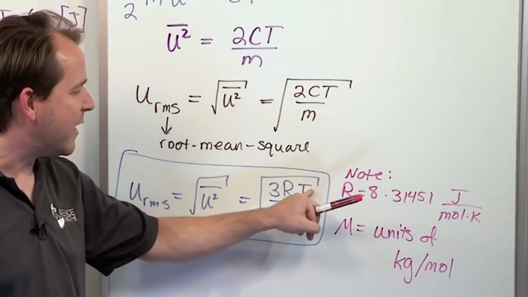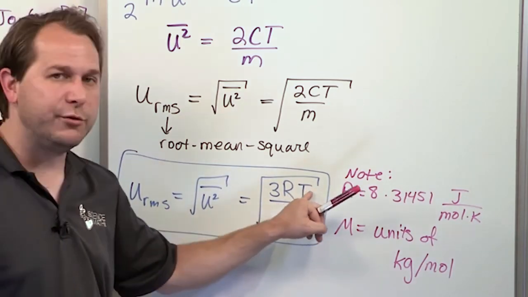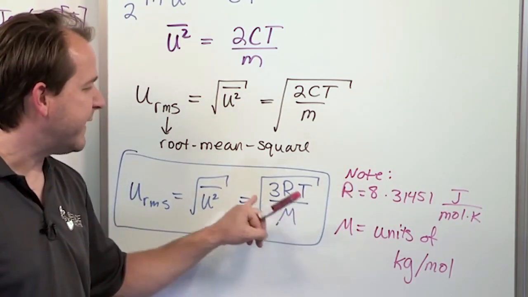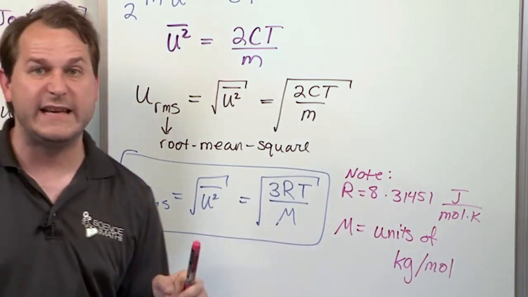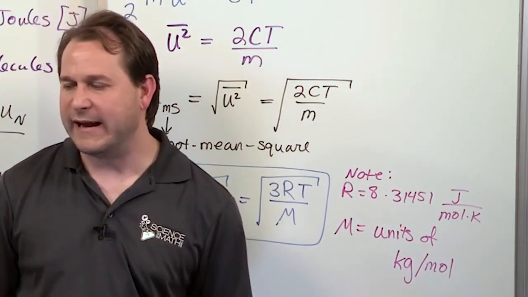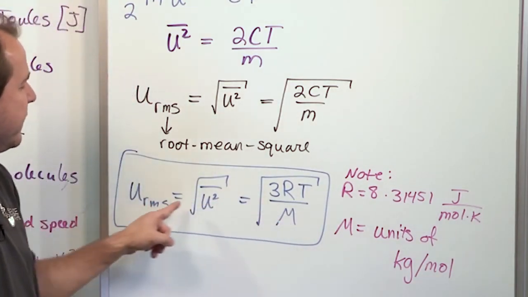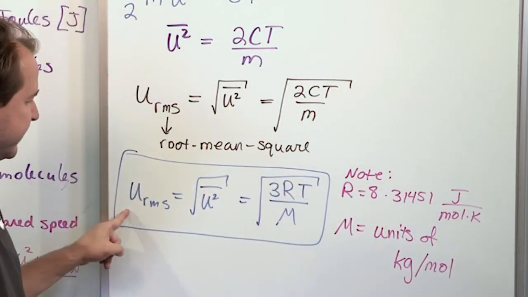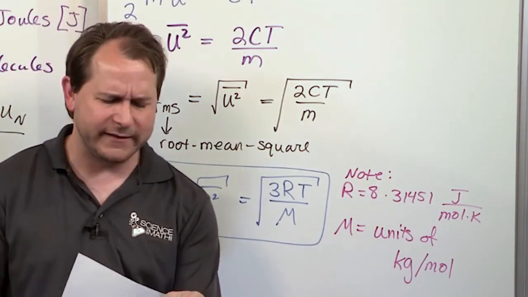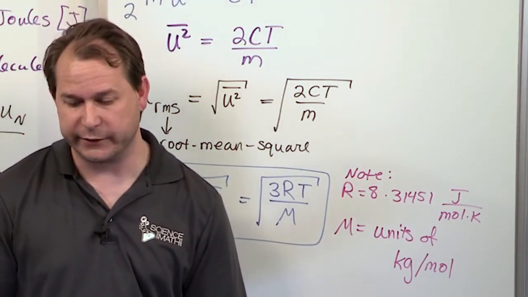A high numerator and a low denominator is going to make for a very fast gas. We'll do some examples to show how that works. If you have very heavy gases at the same temperature, they're going to be moving slower. That is the general idea of the kinetic molecular theory.